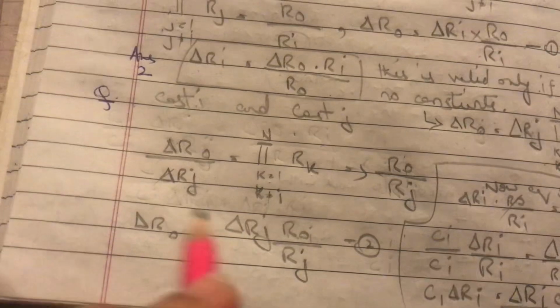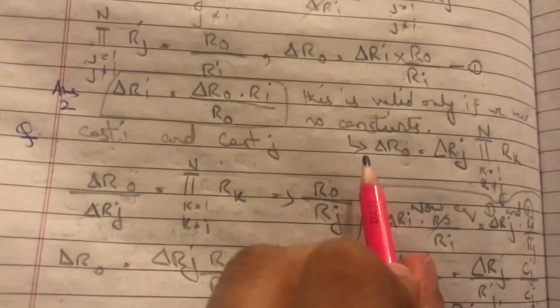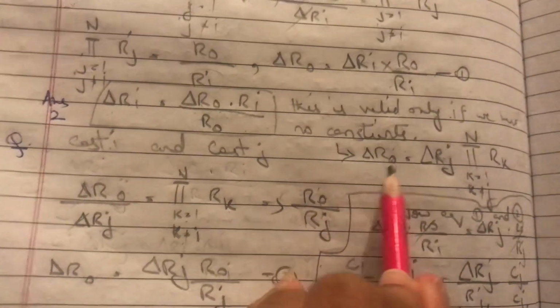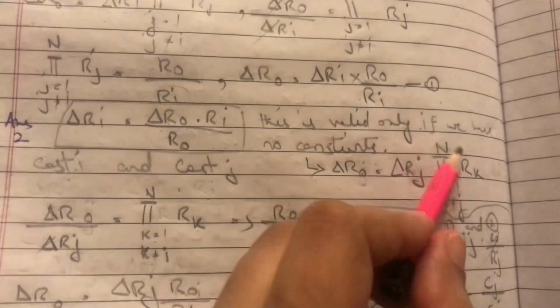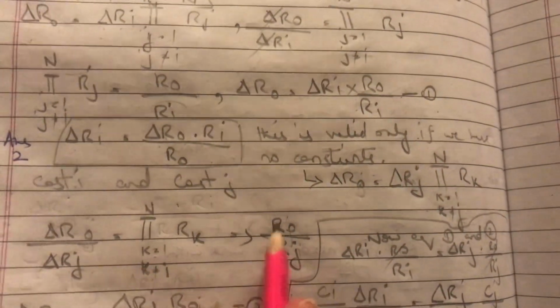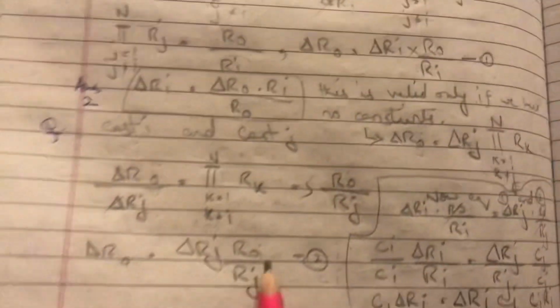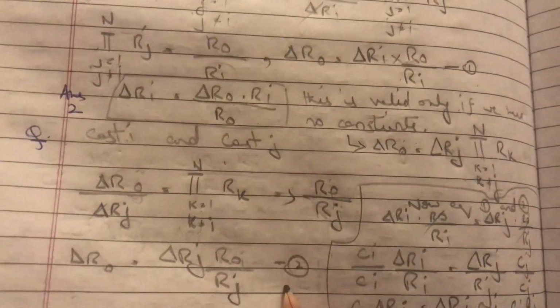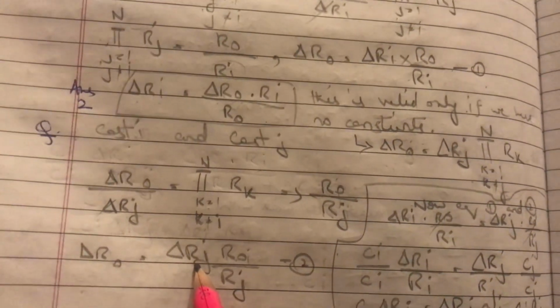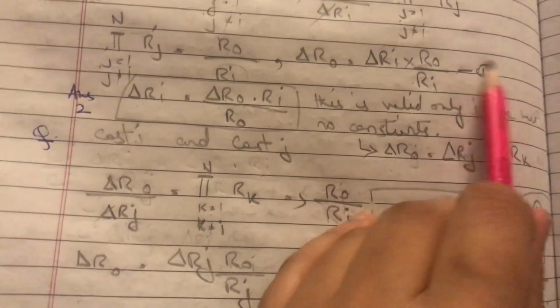When we got this, what we do now, we took the delta R0 equals to delta Rj, and the value that we found out here, R0 over Rj, we keep it here, R0 over Rj, and we name it as equation 2. The same procedure as we named the first equation as 1.